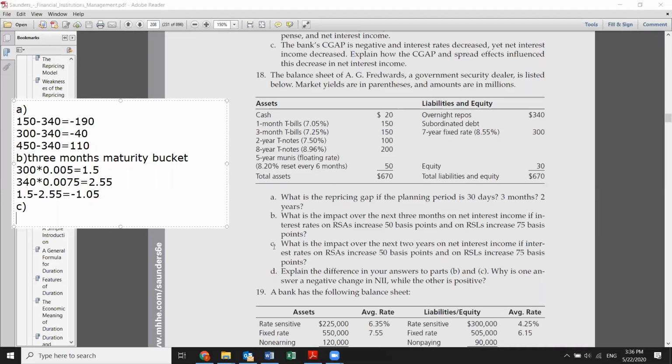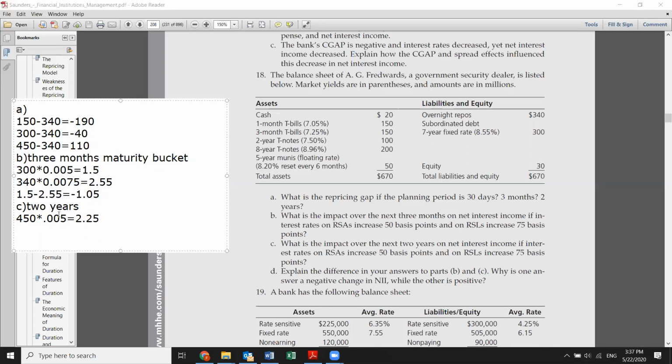Now, what will happen if our maturity bracket is 2 years? We will go in the following way. We need to calculate the interest income with the 2 years, which means 450. The interest income will be 450 times 0.005, which is 2.25.